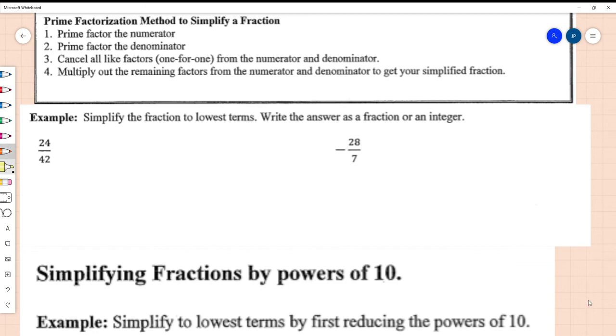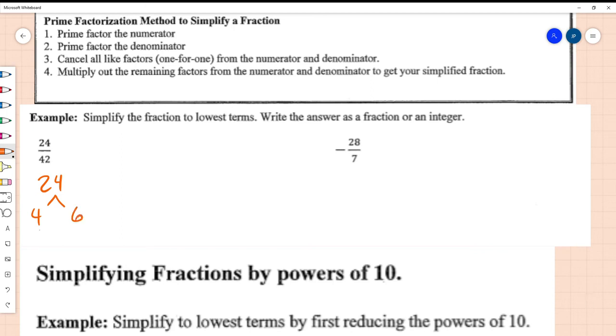Let me switch to this orange pen. So 24 over 42. Our numbers are 24 and 42. Let's make some little factor trees. 24 is, one way to factor that is 4 times 6.